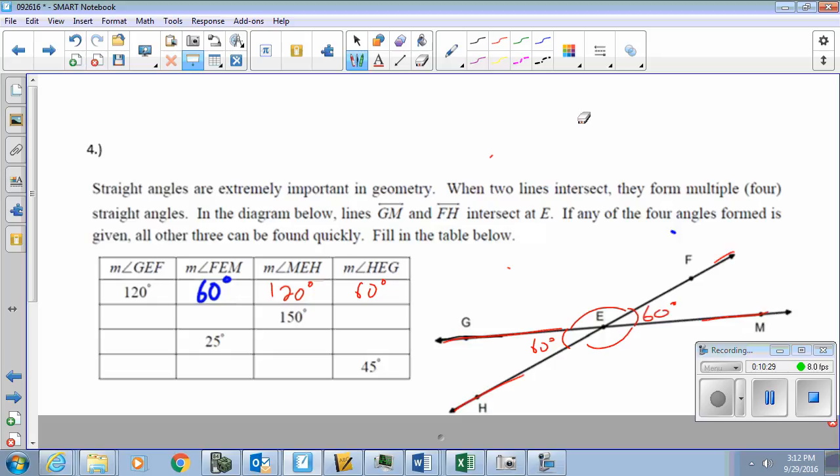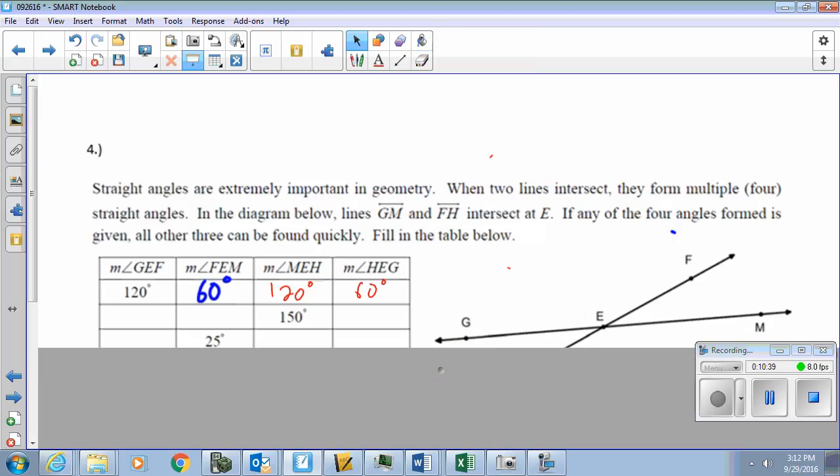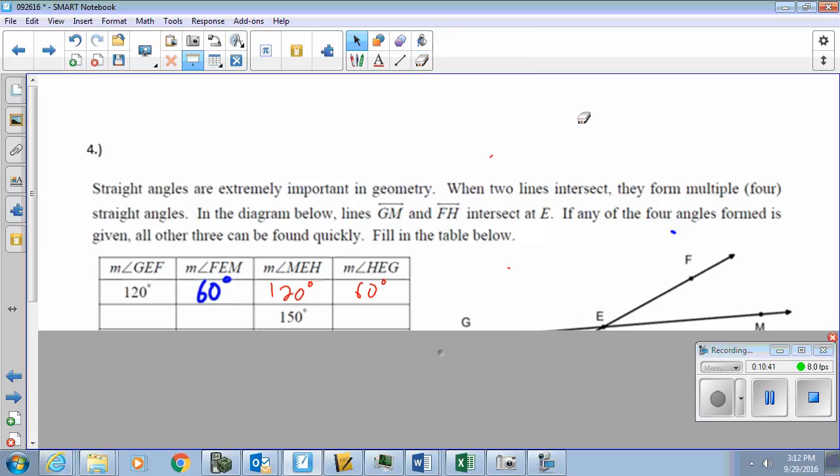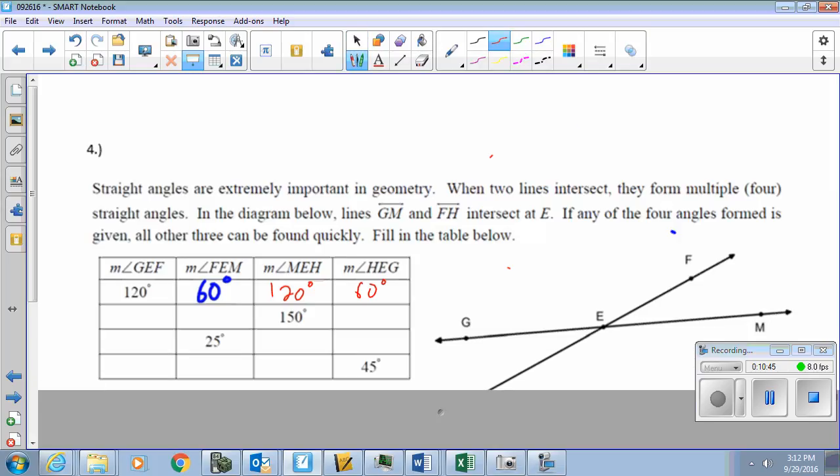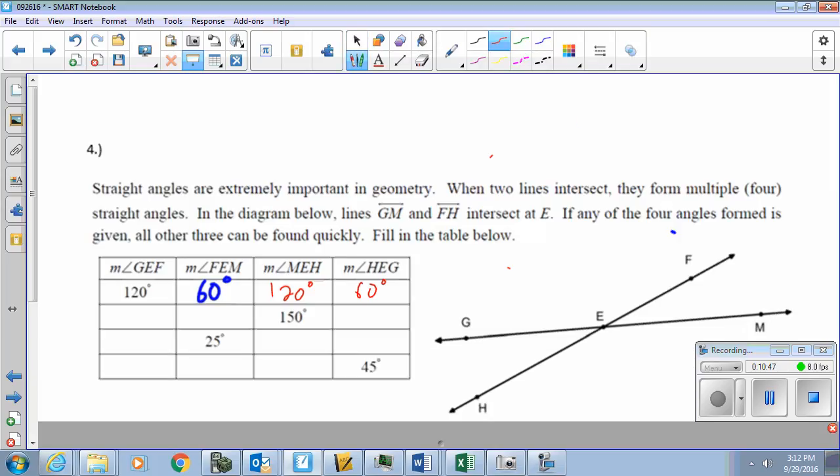Okay, now, you have to imagine now that you're using the same diagram, but let's just say you're given different information. So now let's just say they told you that MEH was 150. Could you find the other ones based on that? All right, so MEH now, let's just say we were told it was 150. Could we find the rest of the angles? So could we find GEF, which is this one?